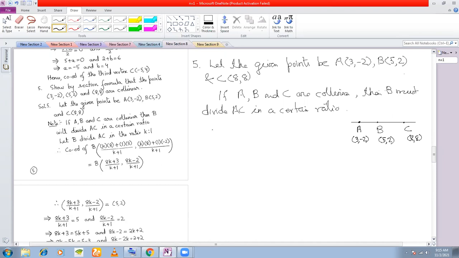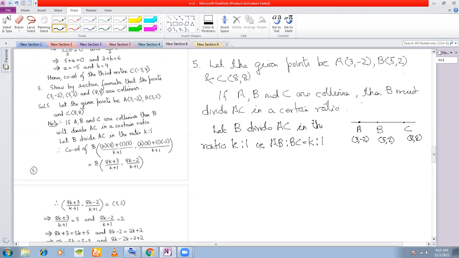Okay. So I say let B divide AC in the ratio k:1. That is AB is to BC. We are taking k:1.